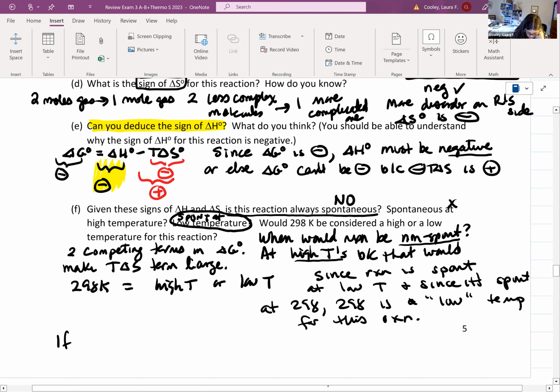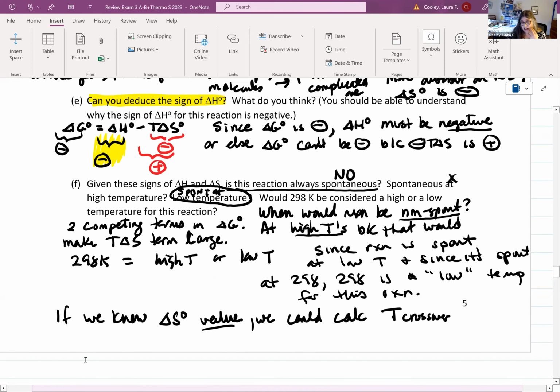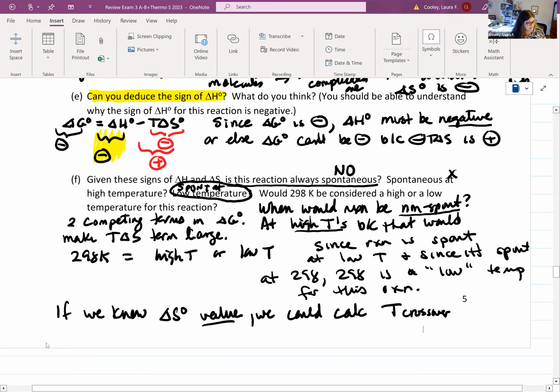So if we knew the delta S value, we could calculate the crossover temperature. I think actually I have another problem on this reaction somewhere. Oh, maybe we did it in class.